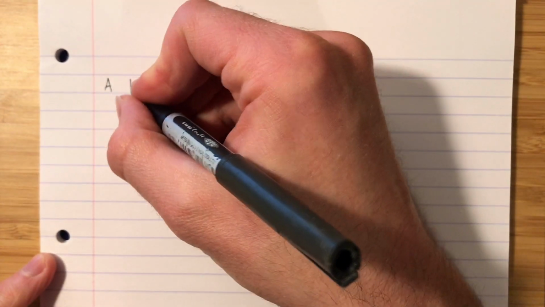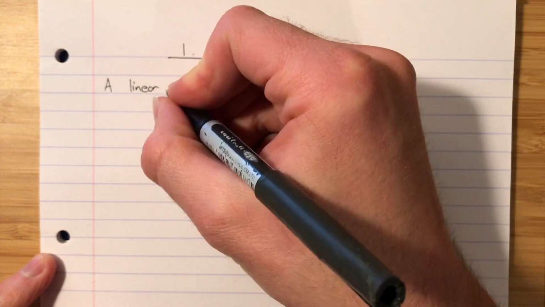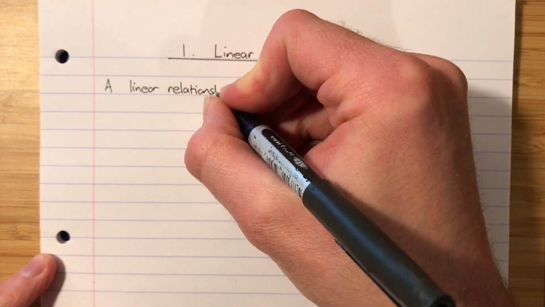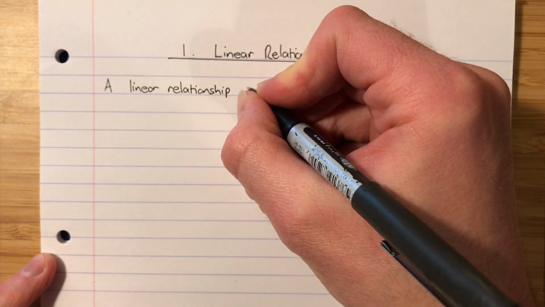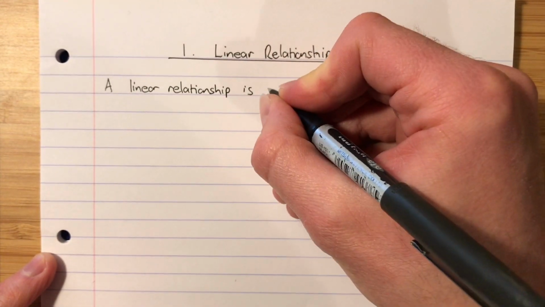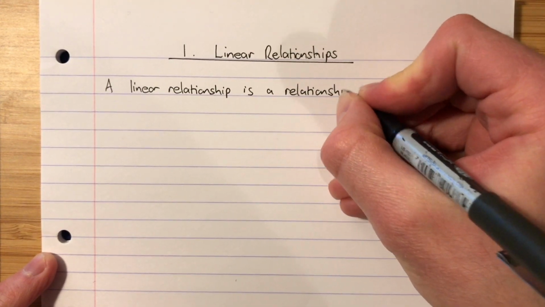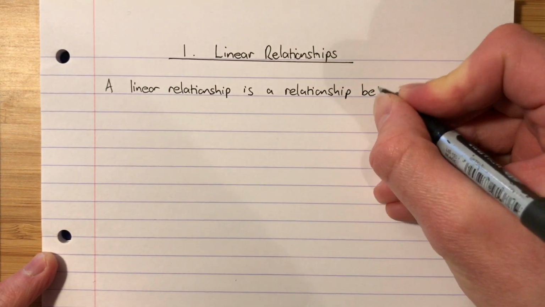A linear relationship is a relationship between 2 variables.